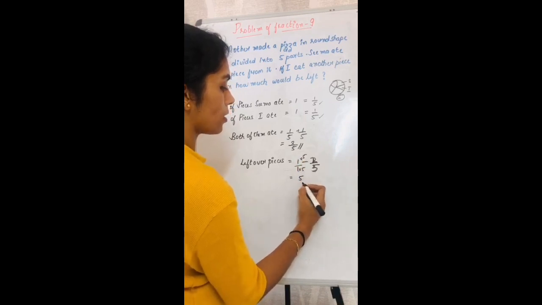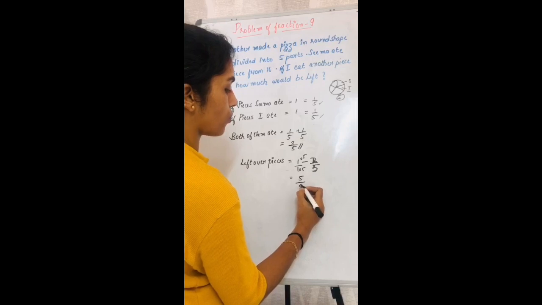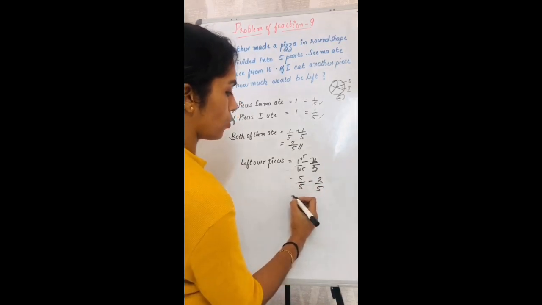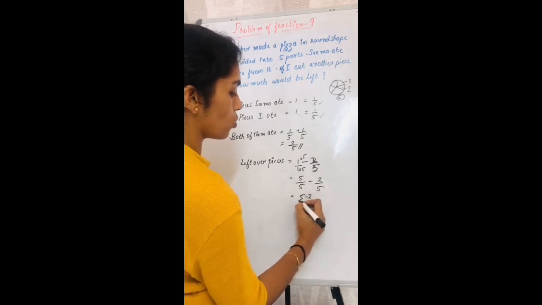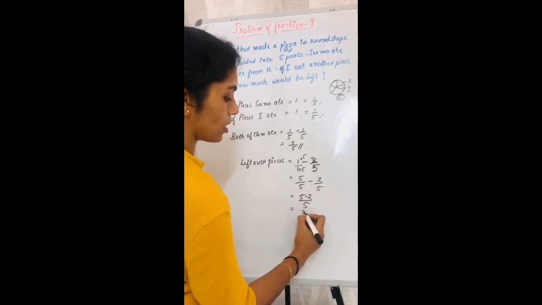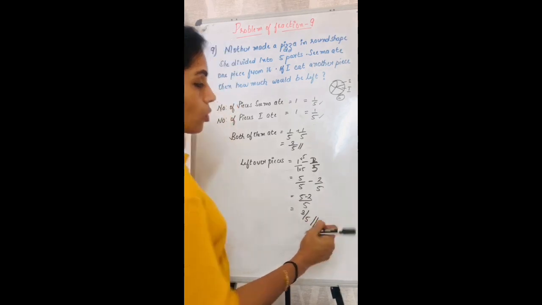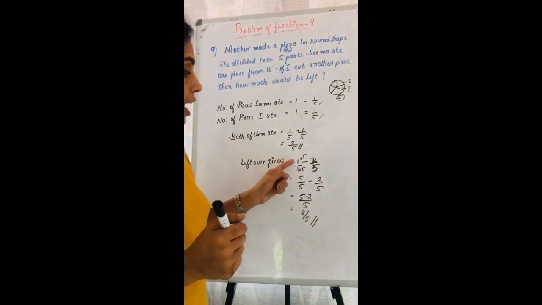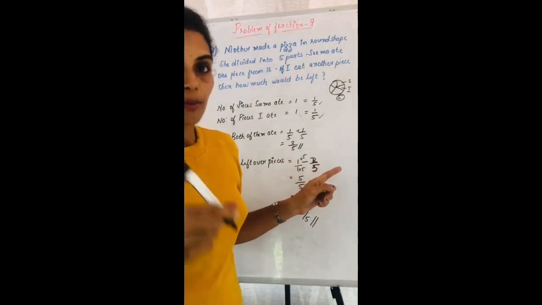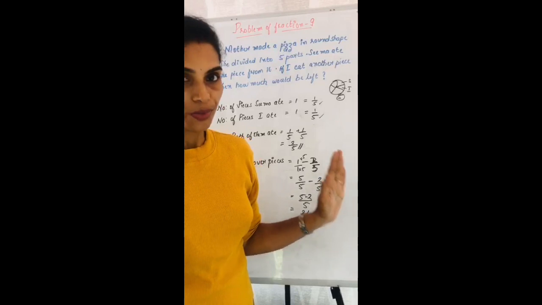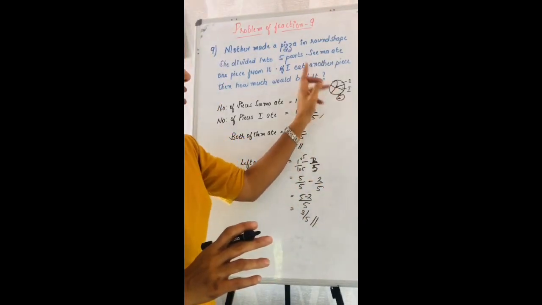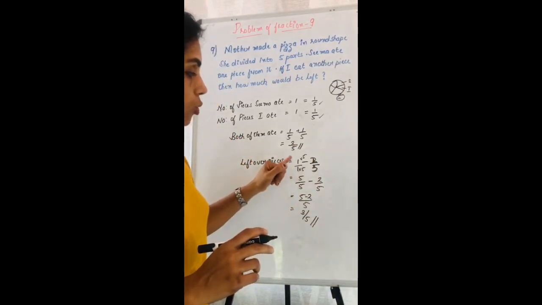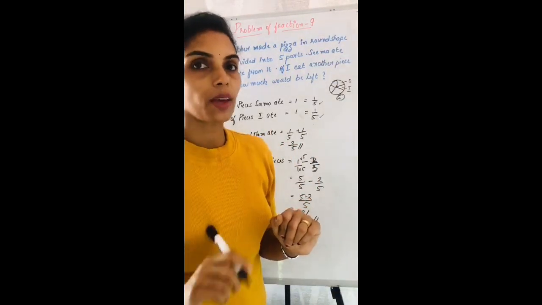Again, 5 by 5 minus 2 by 5. What is 5 minus 2 by 5? You get 3 by 5. Here you have to consider that you should not take 5 minus 2 by 5, because 5 is just the number of pieces and you have to find the leftover piece from the total pizza. So you have to assume it as 1. So you have to be careful. Okay.